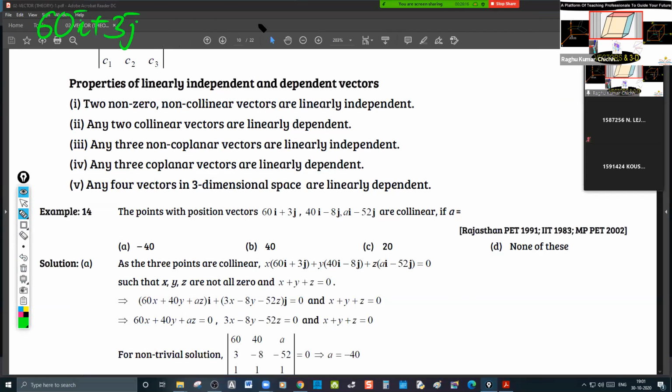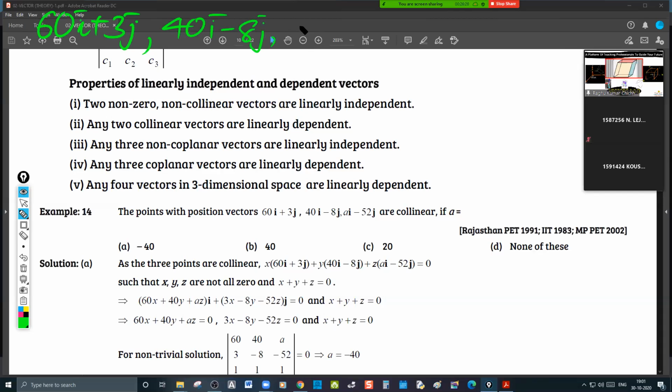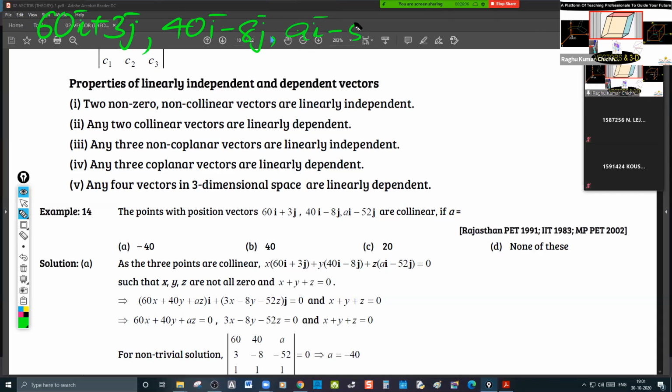First of all, you tell me, when we talk about collinearity, do we check it for 2 points, or at least 3 points? My question to you is whether collinearity is to be checked for 2 points or a minimum of 3 points.